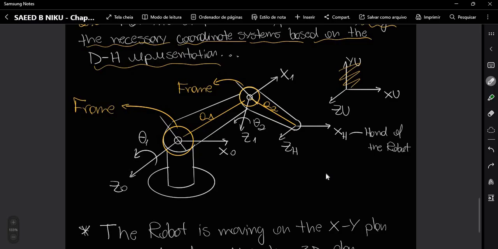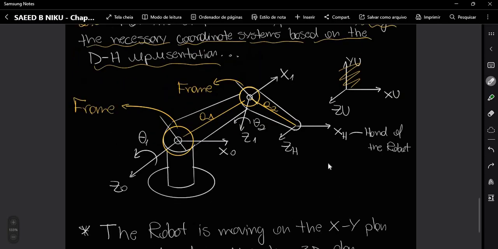So we need the information of the lengths of the links. We need information of the angle that the links need to rotate to be able to not only grab the object but place this object into another place.